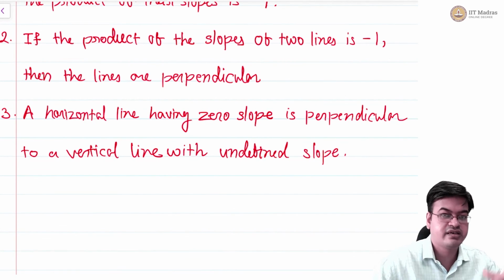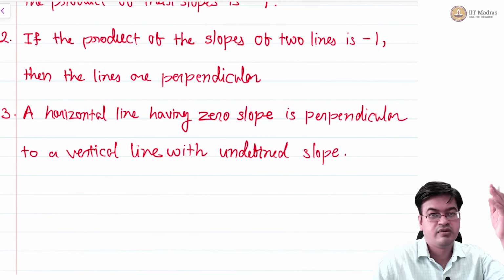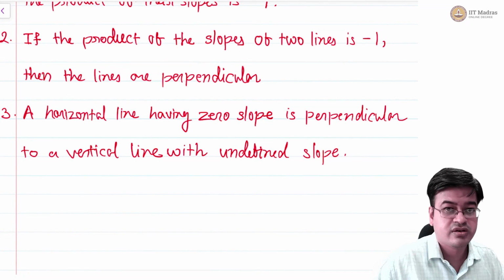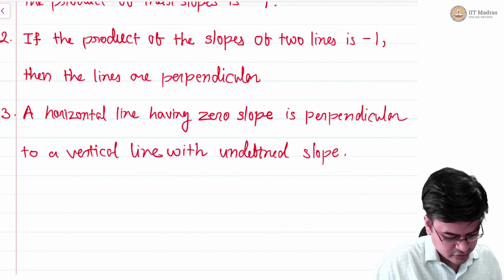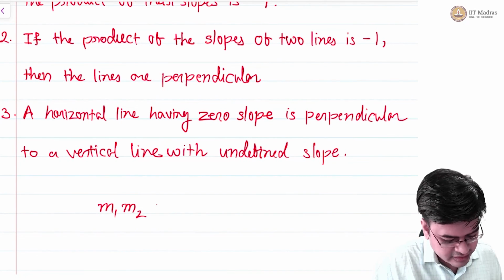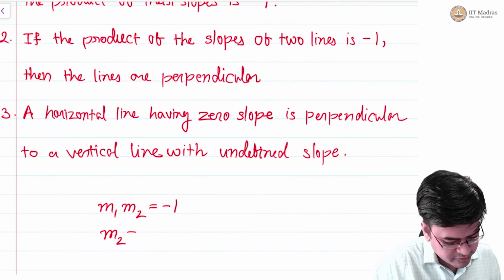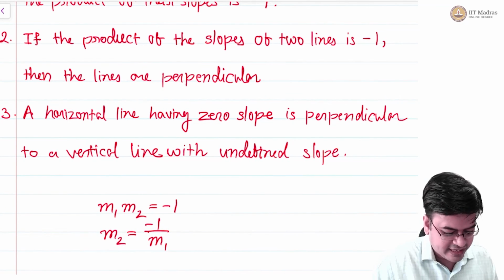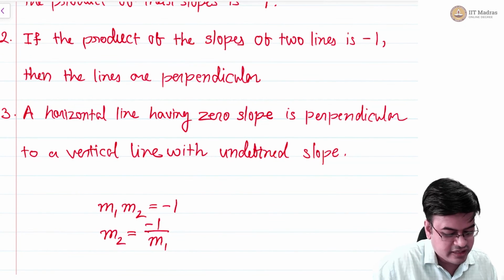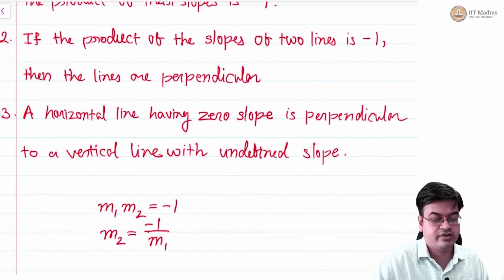You can simply write the equation of a horizontal line. Horizontal line is perpendicular to vertical line. That is, in short, the essence of these three bullets. So in particular, if the two lines are perpendicular, then m1 into m2 is -1, and the slope of a line perpendicular to a line with slope m1 is -1 upon m1.